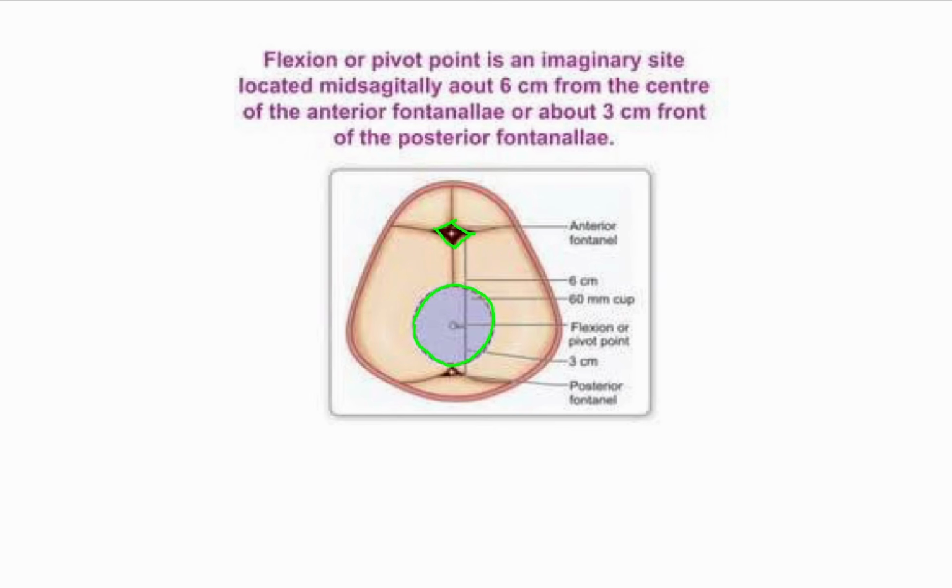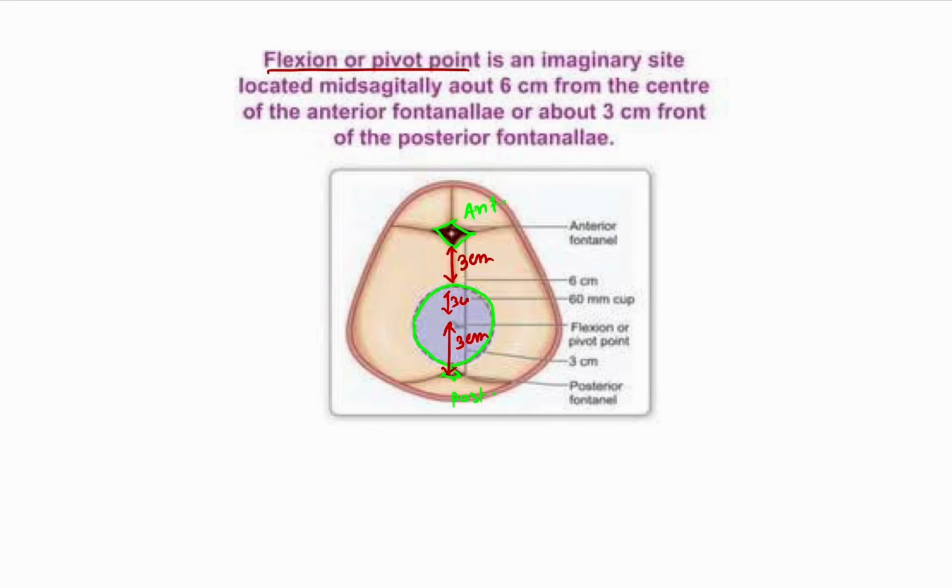This is your posterior fontanelle, and this is your anterior fontanelle, and this point is called the flexion point or pivot point, and the distance of this point from the posterior fontanelle is 3 centimeter. From the anterior fontanelle to the anterior margin of the cup is 3 centimeter, and the cup itself is also 3 centimeter.